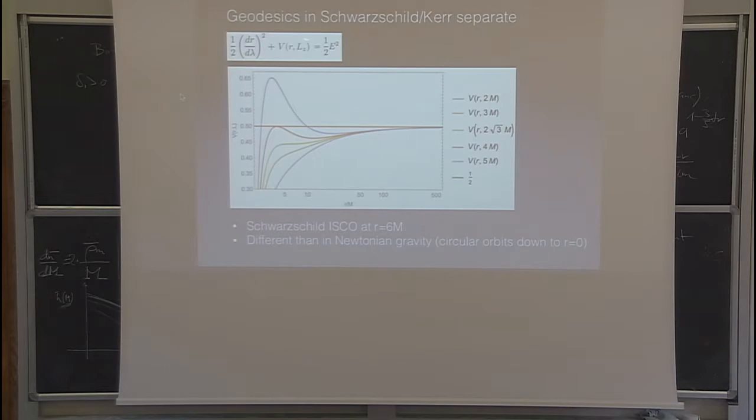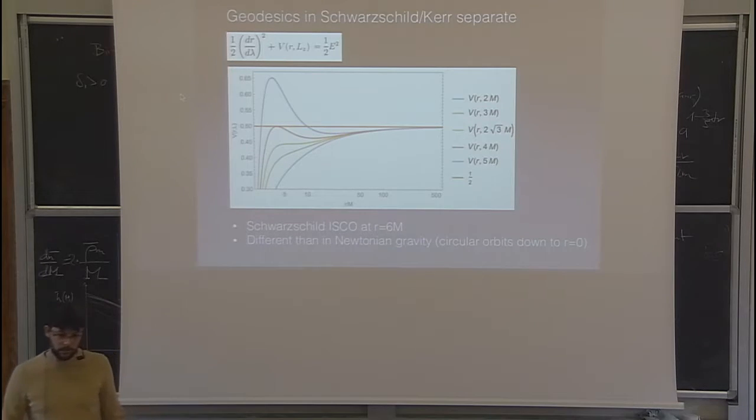It's not very difficult, in fact, in Schwarzschild. But the key point is that at 6M, there are no circular orbits anymore. Either you have unstable circular orbits, so the maxima of this effective potential correspond to unstable circular orbits, or you have just plunging trajectories.